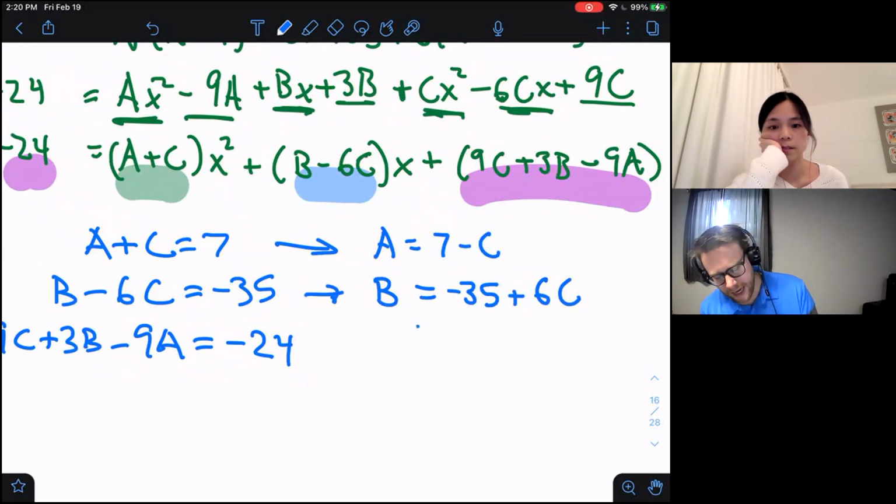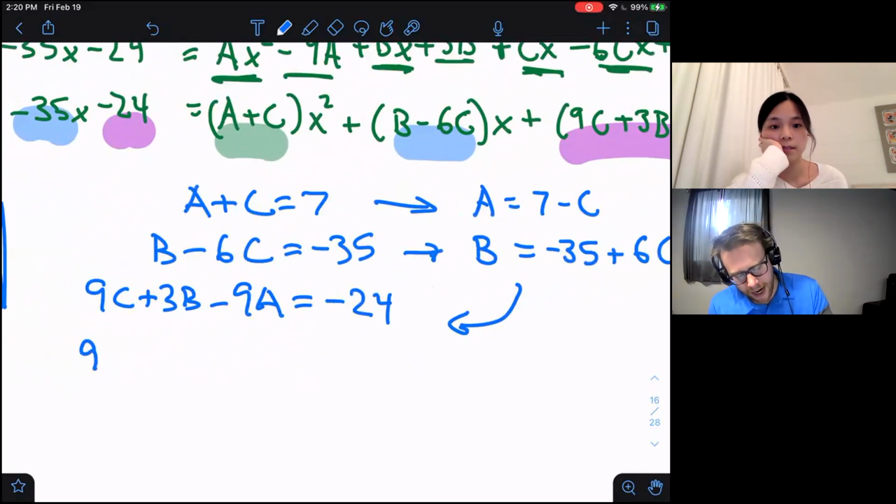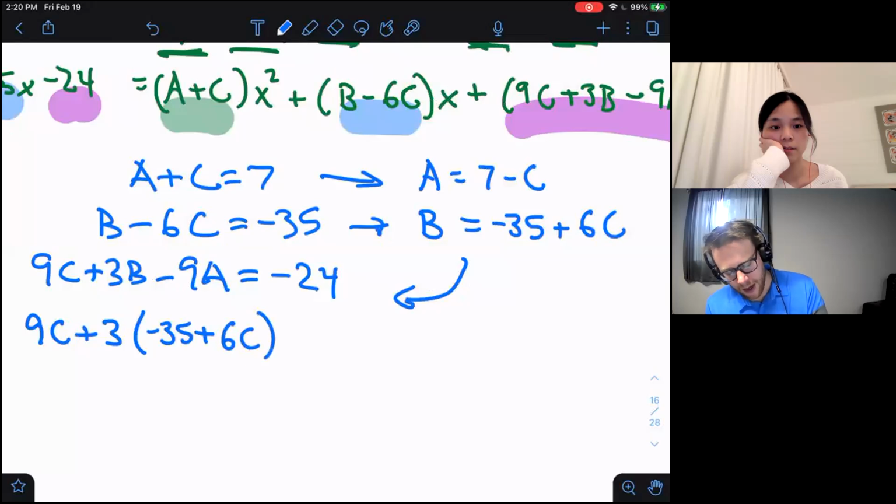So now I can take both of those and plug them into my final one to hopefully solve for c. So the final one would go 9c plus 3 times, instead of b, I'm going to write this stuff here, negative 35 plus 6c, minus 9 times, instead of a, 7 minus c. This needs to be equal to negative 24.